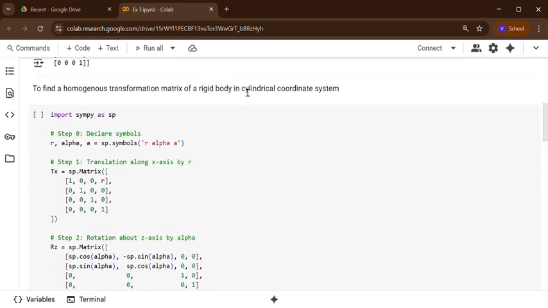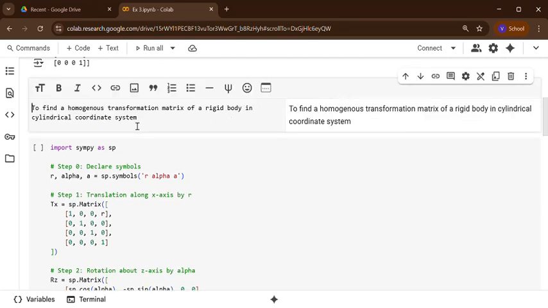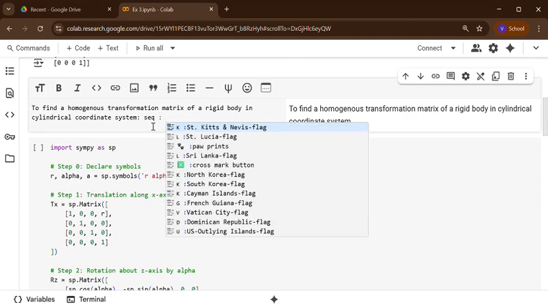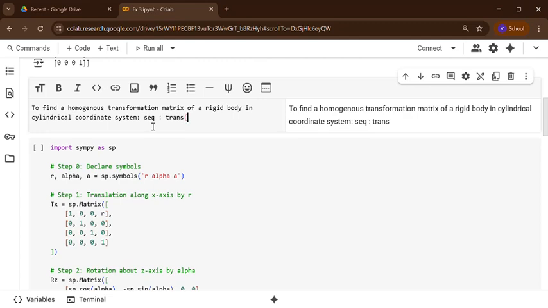The next one is the cylindrical robot. In cylindrical, we know that there is 1 rotation, and that rotation is in the z direction. Let us see the sequence. First is linear movement, translation along the x-axis, say r, with no movement in y or z.